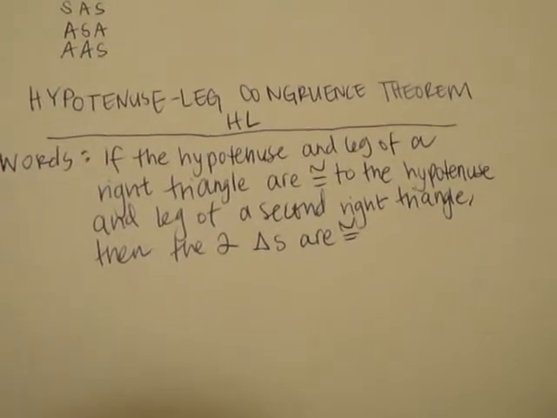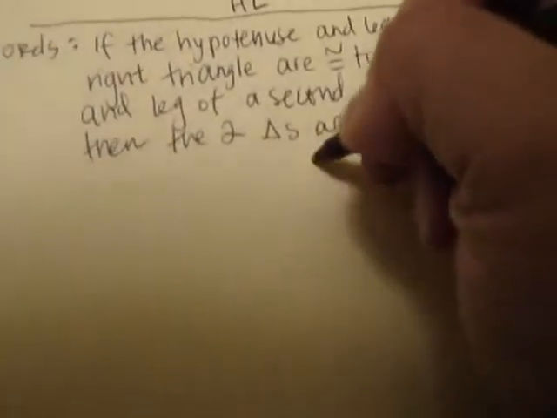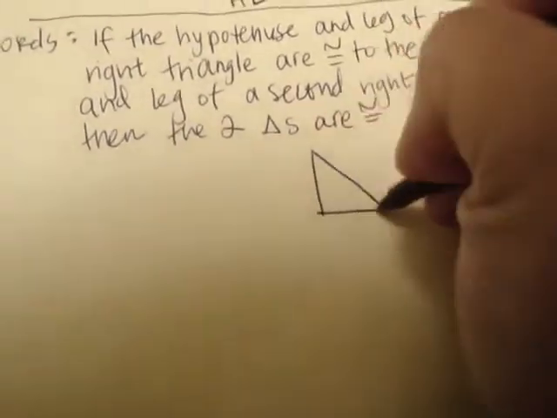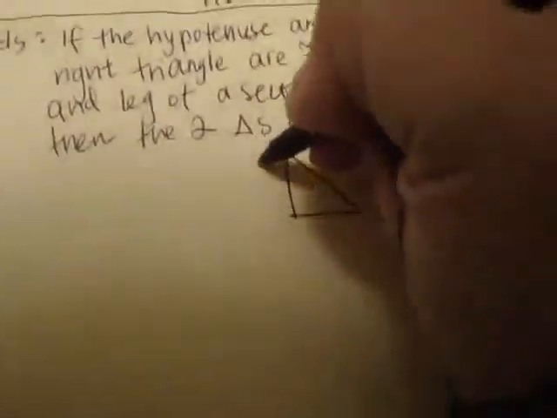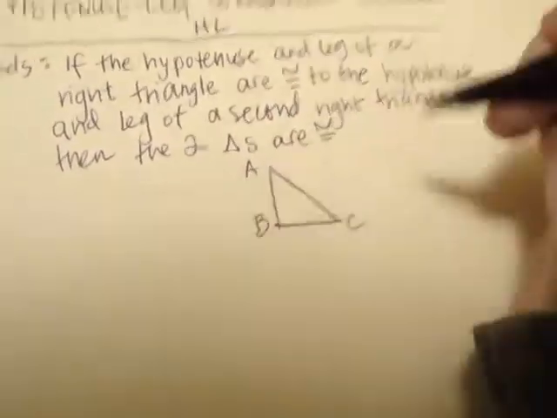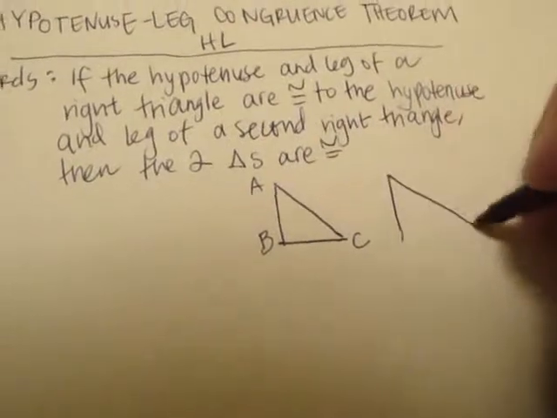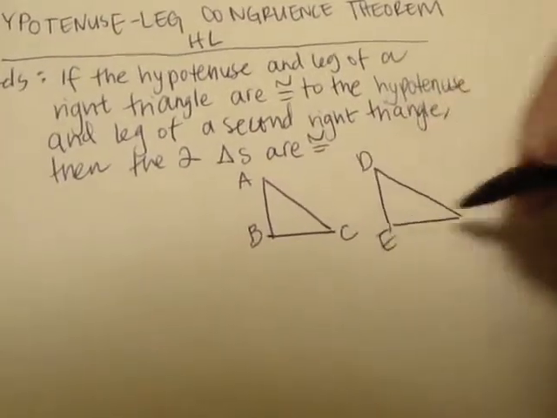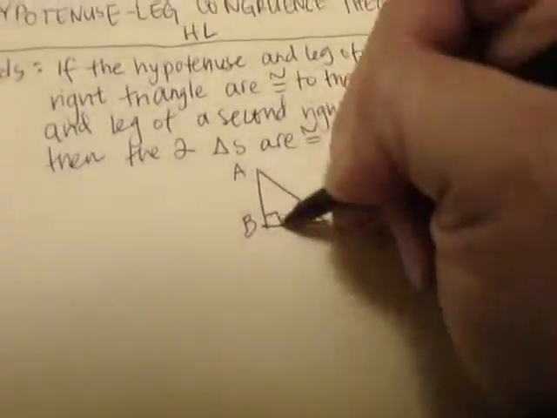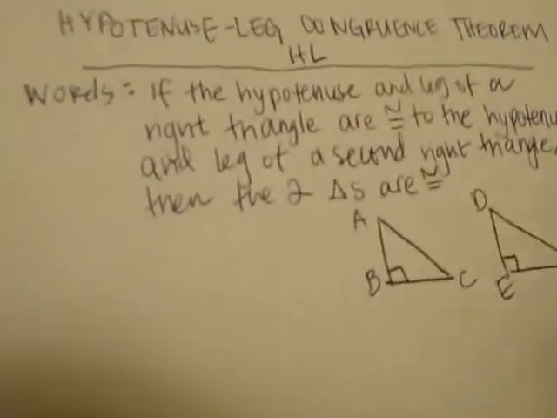So let's do an example. We have two triangles that are right triangles. Triangle, of course, ABC, and triangle DEF. And they are right triangles. So let's just go ahead and write that down.